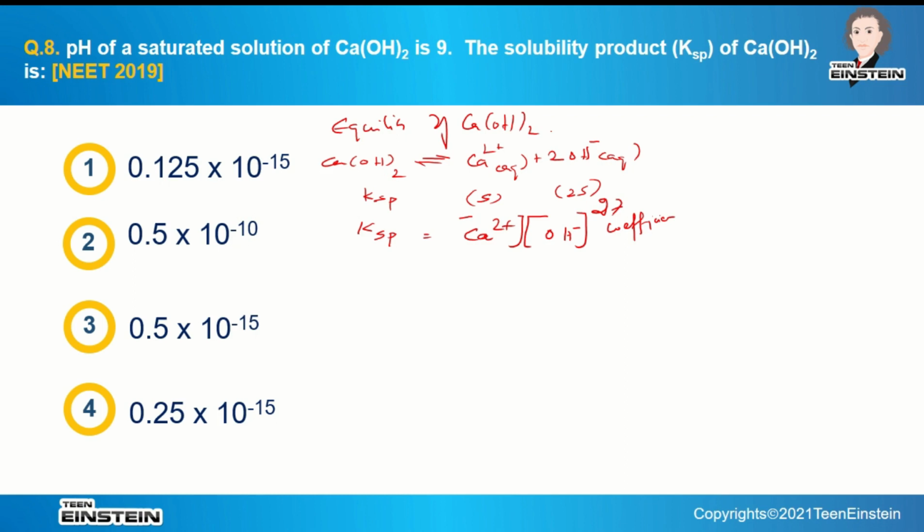So now we have pH equal to 9. We know pH plus pOH is 14. So we know pH is 9, so pOH is equal to 14 minus 9, that is 5.